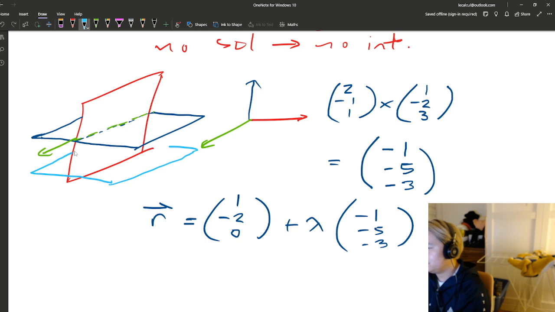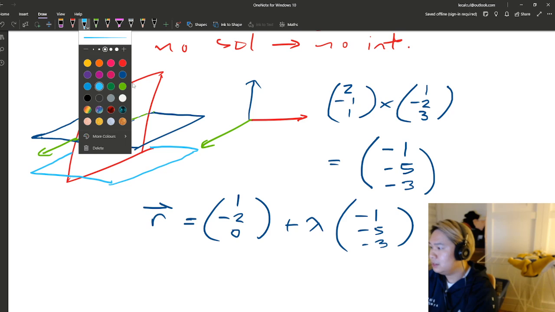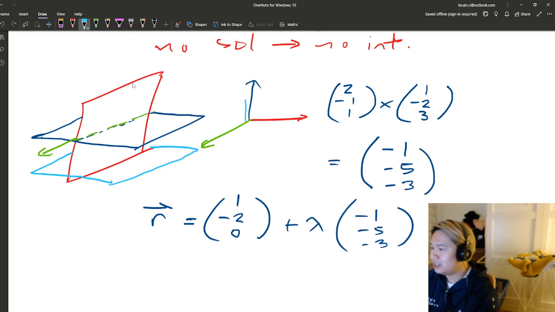So my third plane, the light blue one, is parallel to the darker blue plane, and that means that the green line is going to be perpendicular to the normal of the blue plane, because the blue plane and the dark blue plane are parallel, so they have the same normal vector.